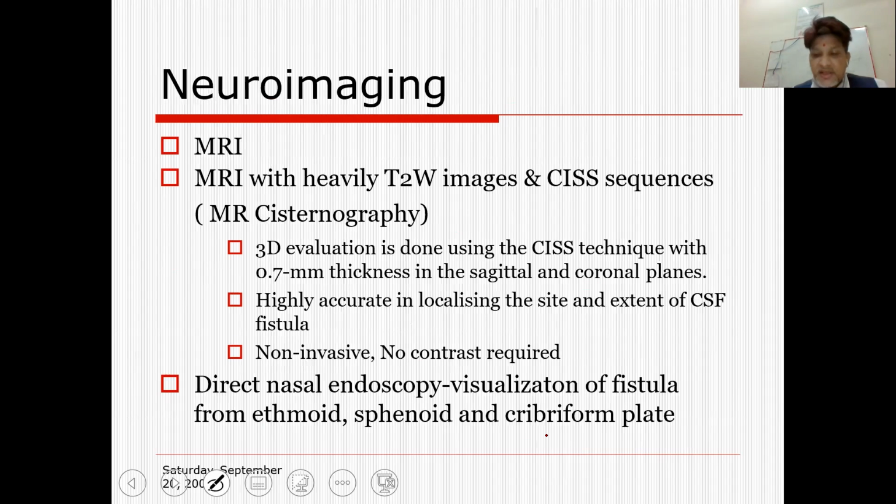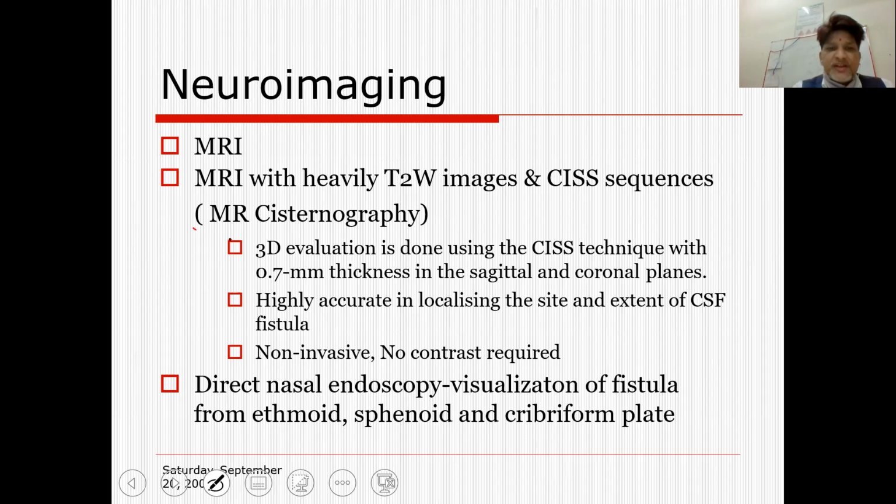Apart from that, you can even do a routine diagnostic endoscopy. Especially, you have to look at the skull base from anterior to posterior, and in most of the cases, if you do a complete diagnostic nasal endoscopy with a good quality camera, you can essentially make out where the leak actually is.